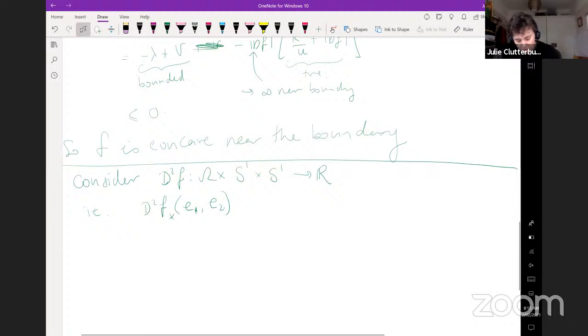And we've just shown that this is non-positive near the boundary. So if this is non-positive everywhere, then we're done.